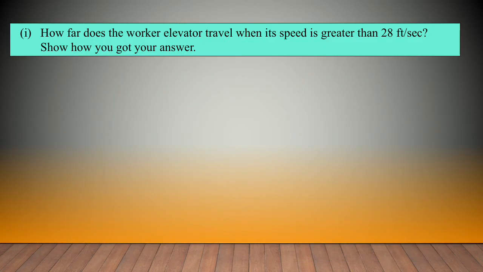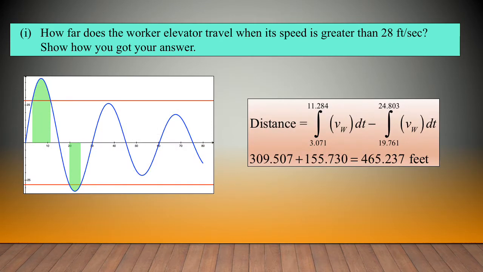Question I asks, how far does the worker elevator travel when its speed is greater than 28 feet per second? And we want to show how you got your answer. This problem goes hand in hand with question H. In that problem, we determined the values of t for when the worker elevator had a speed greater than 28 feet per second.